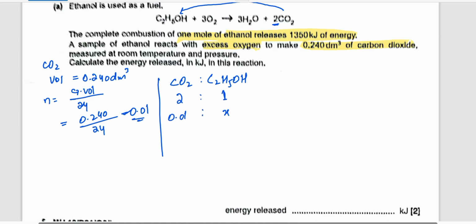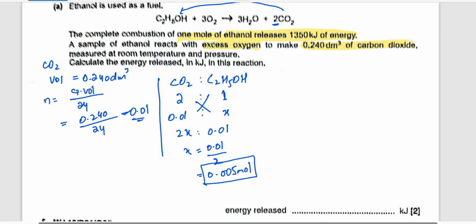X. 2x is equal to 0.01 and x is equal to 0.01 divided by 2. So it becomes 0.005 mole of ethanol.